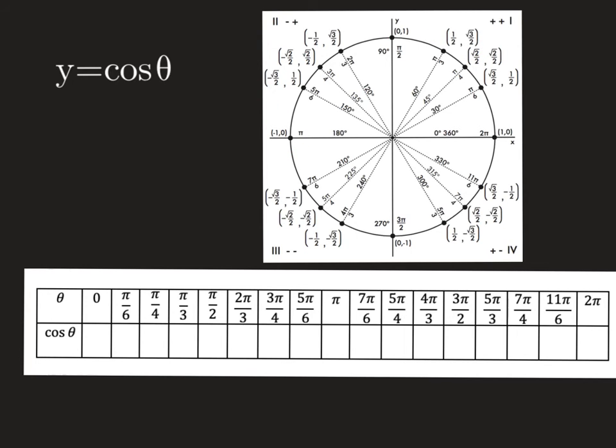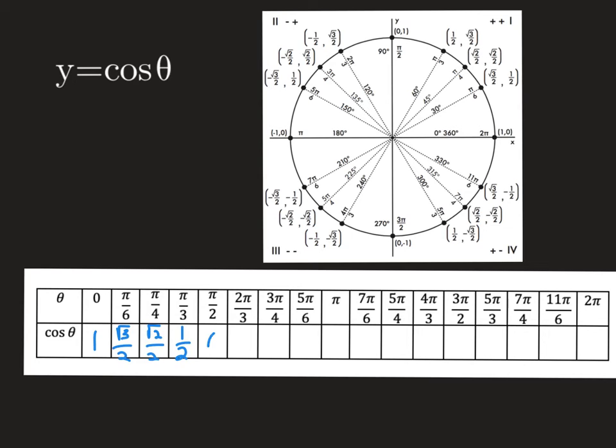So here we go. Starting with 0, the x value at 0 is 1. The x value at pi over 6 is root 3 over 2. The x value at pi over 4 is root 2 over 2. At pi over 3 is 1/2.